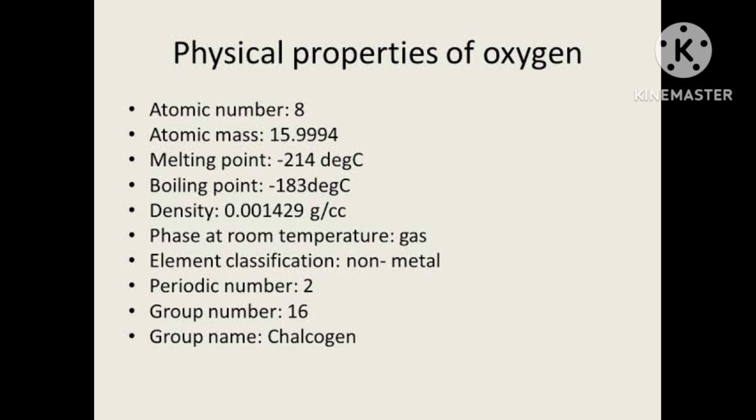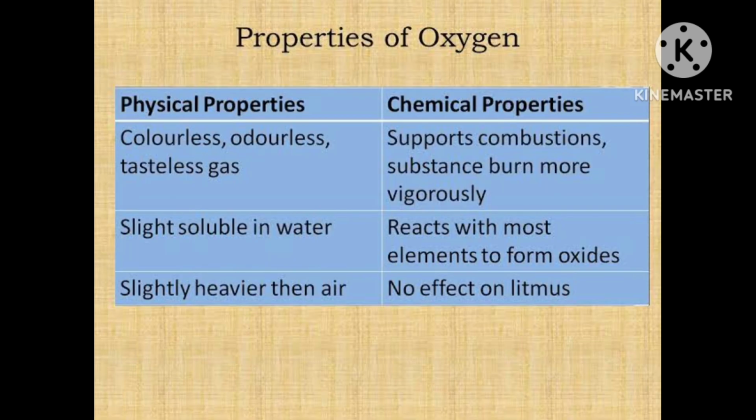These oxides on reaction with water give acid. Again, an oxide that combines with water to give an acid is termed an acidic oxide. Examples: SO2, Cl2O7, CO2, N2O5.